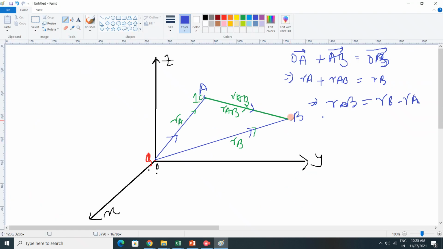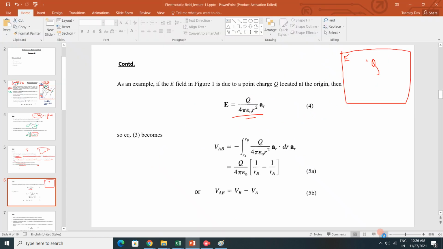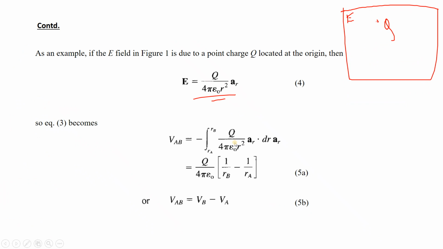From RA to RB, that means from point A to point B, along this path RAB. So if you integrate, there is a dot product, and if you integrate with respect to dr from RA to RB, it gives 1 by RB minus 1 by RA.